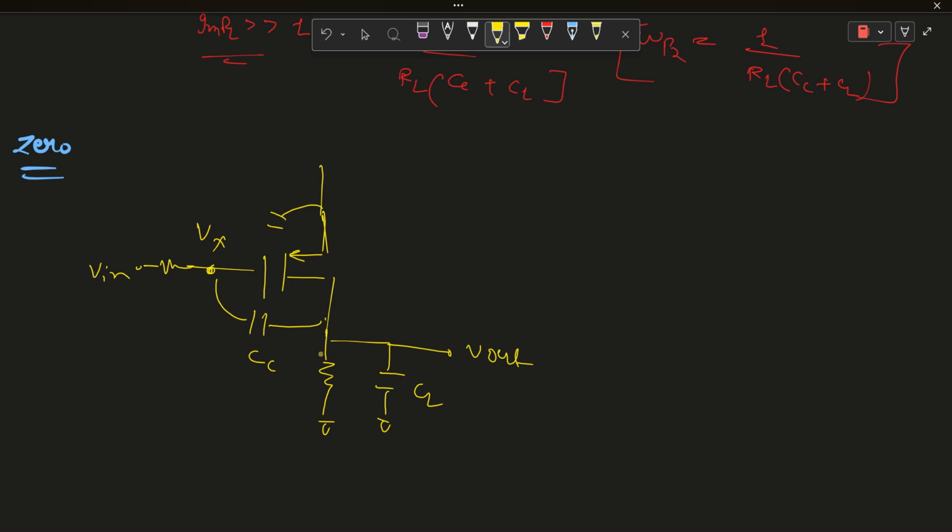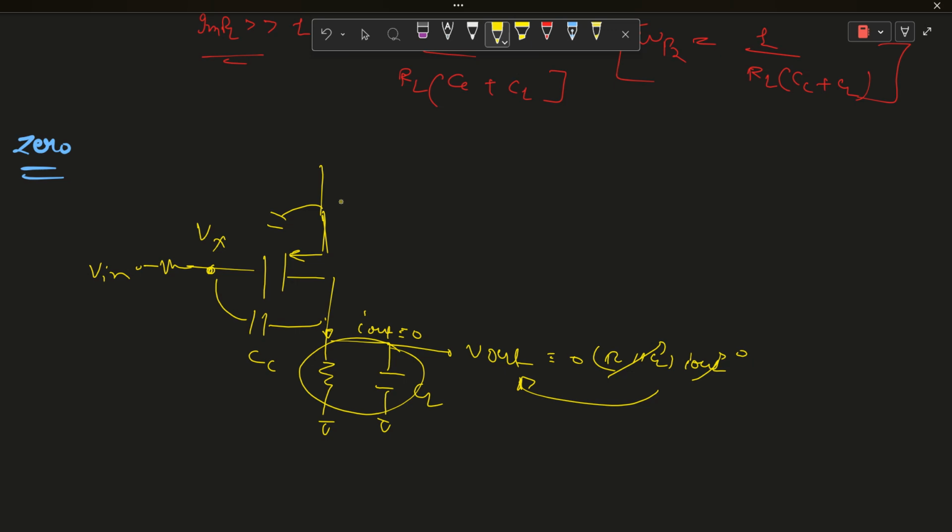When V out is zero, there is no current in this branch. If I out is zero, then V out is zero, as no current will flow to this branch, which is the parallel combination of R and CL.